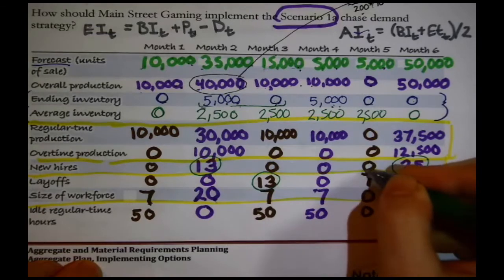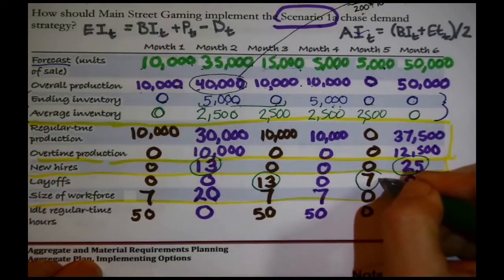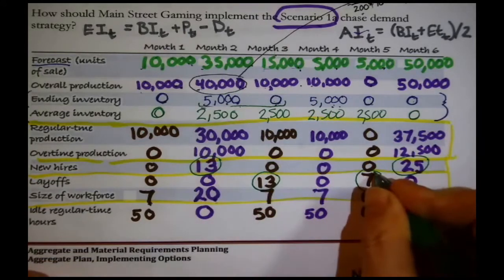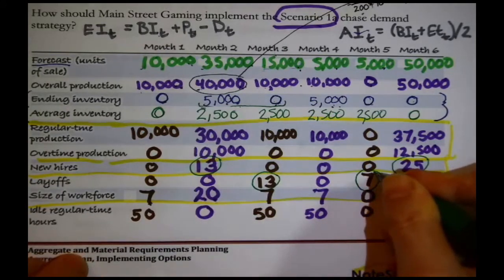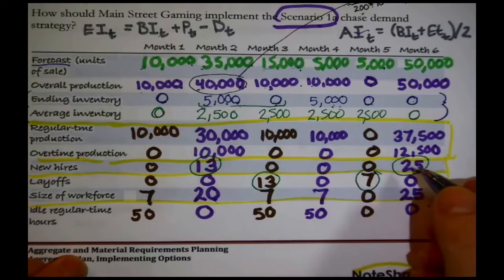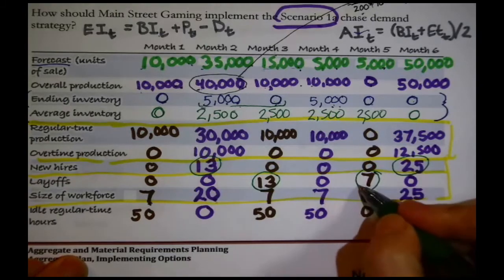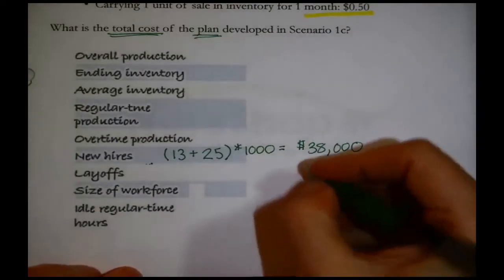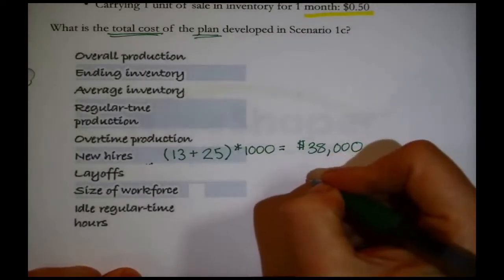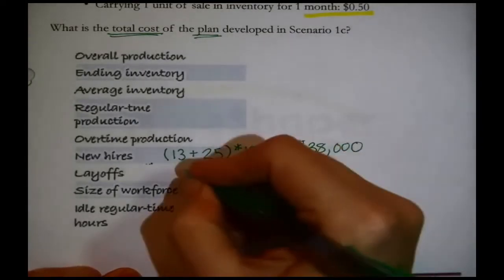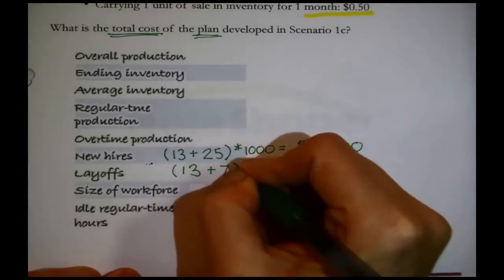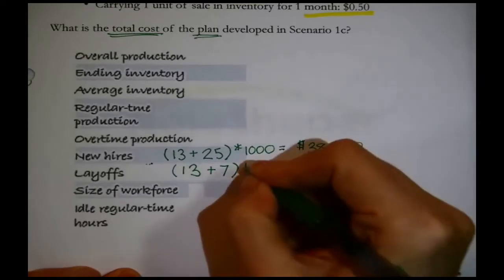Yes, just as there are 2 months that we hire, there are 2 months that we also reduce the size of the workforce. Okay, then we say 13 plus 7, that's 20, right?